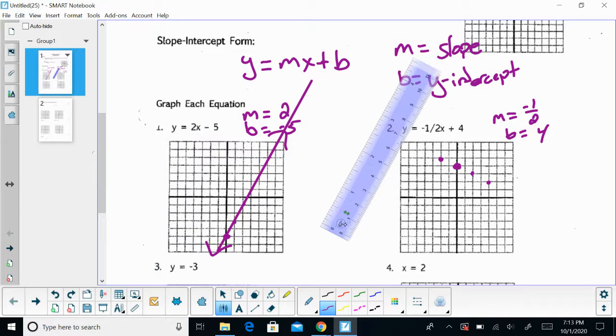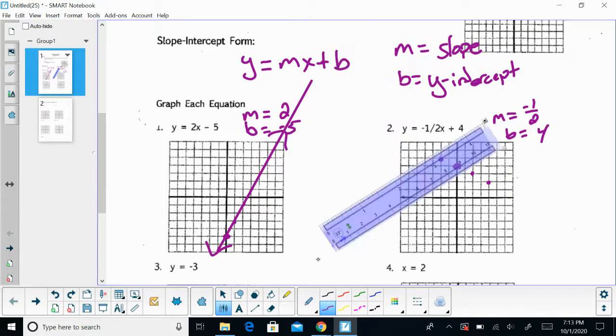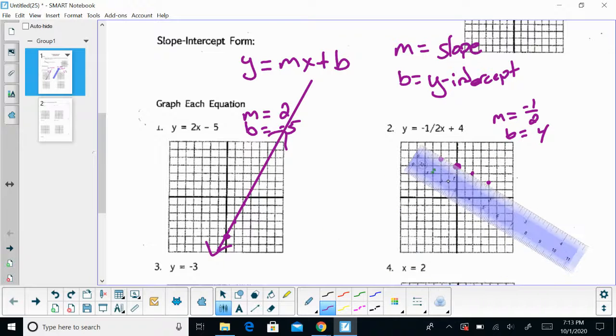Now I'm ready to draw my graph. Bring it over here, got my little ruler. There we go. Draw my line.